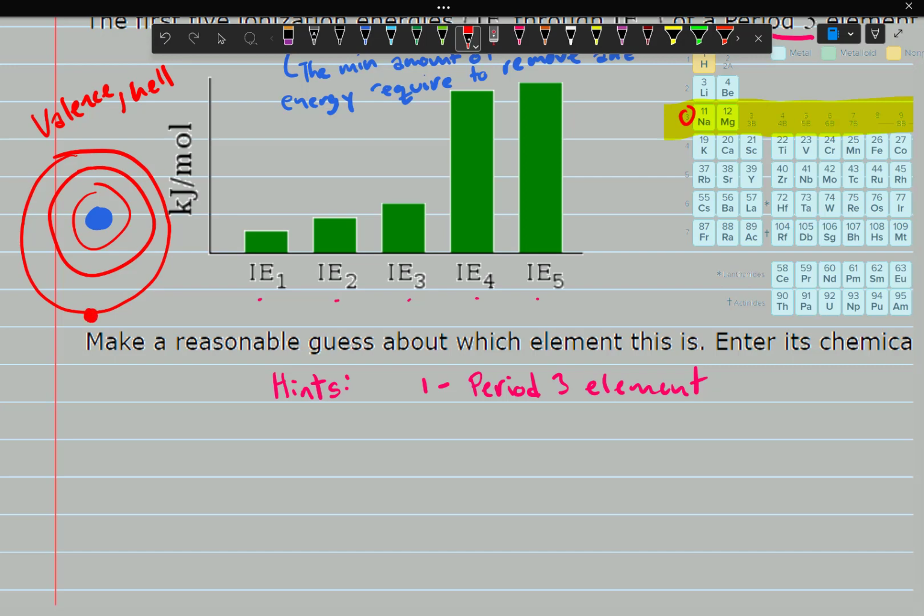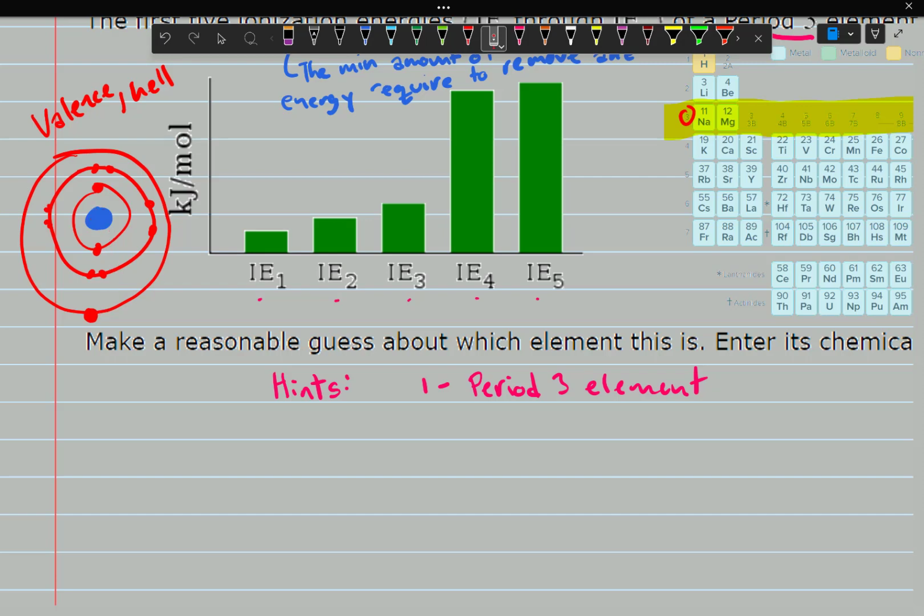There's an electron spinning around in this outer shell, and it's by itself. These inner shells are all full, but in the valence shell, there's just one electron out here. And it's rotating around this atom because it's attracted to the positive center of the atom.